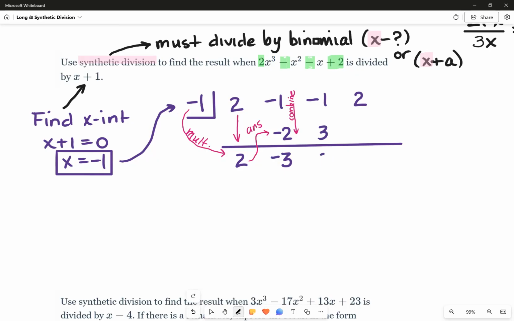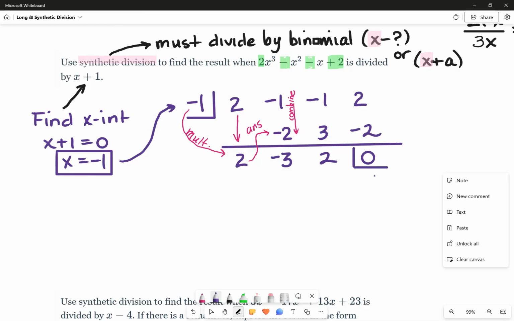And then we do it again. -1 times 2 is what? -2. Put your answer, -2. And we've reached the end. 2 and -2 makes a 0, and that last number is going to be your remainder.